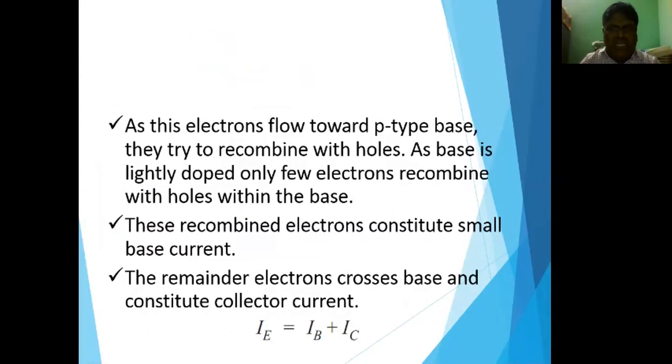So finally, emitter current is equal to base current plus collector current. More current passes on the emitter side because the emitter is heavily doped, the base is lightly doped, and the collector is moderately doped. These things happen in the NPN transistor.